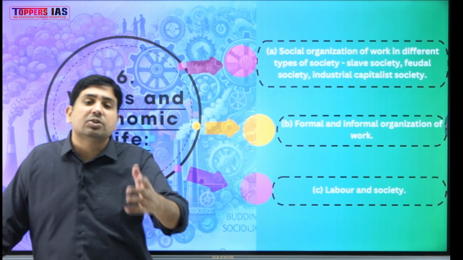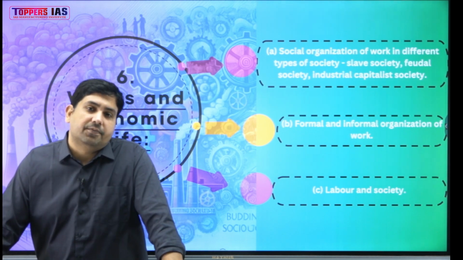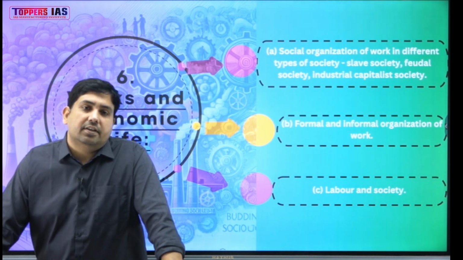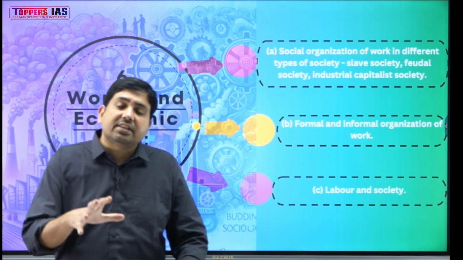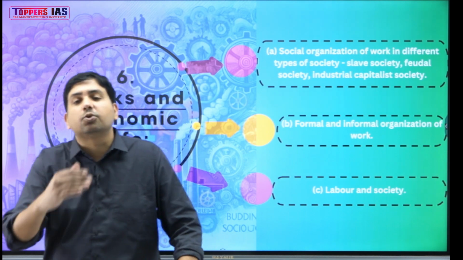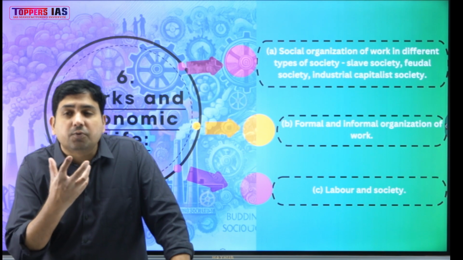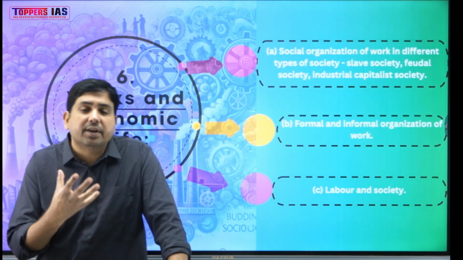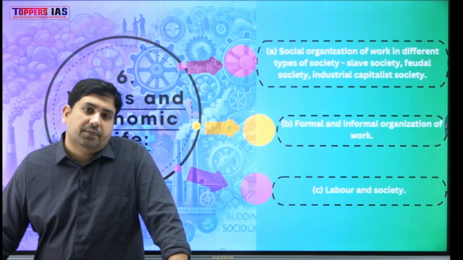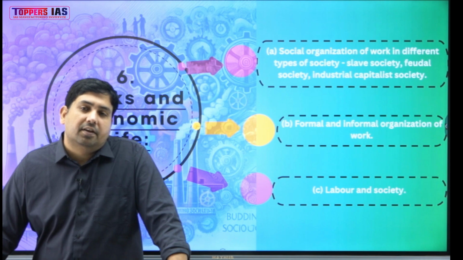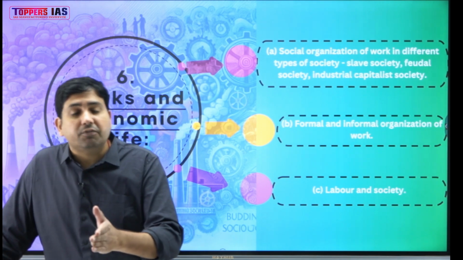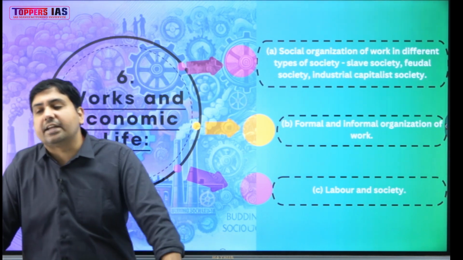Or you talk about the division of labor, Emile Durkheim. He has looked at how specialization of tasks impacts social solidarity. Social solidarity means unity, group unity in society, unity among people. Then there could be the changing nature of work with changes in society.